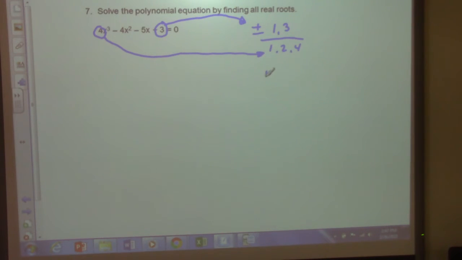So what you're going to have is plus or minus 1, plus or minus 3, and then you have to worry about these fractions here. So you get 1 over 2, 1 over 4, and now 3 over 2, and then 3 over 4.